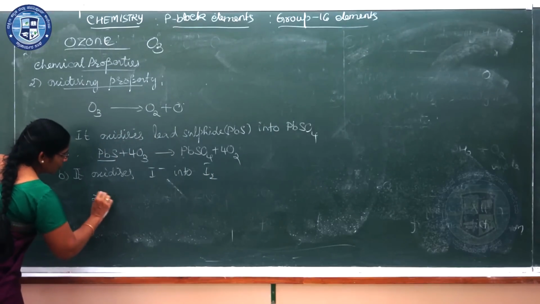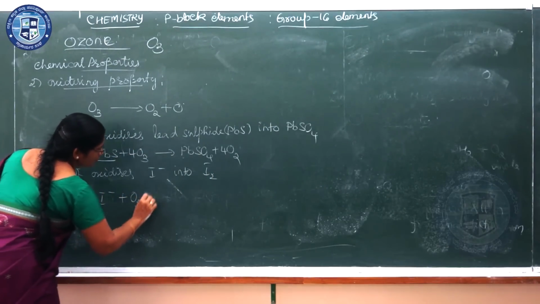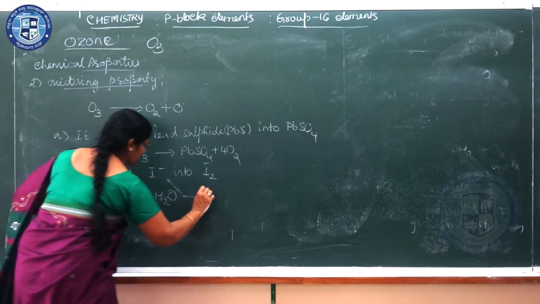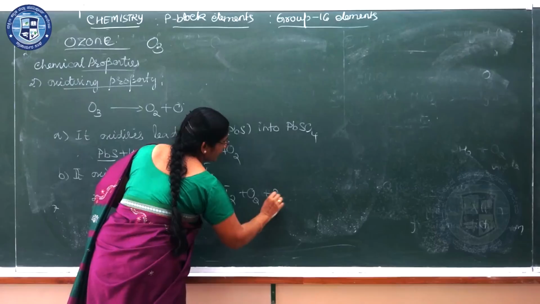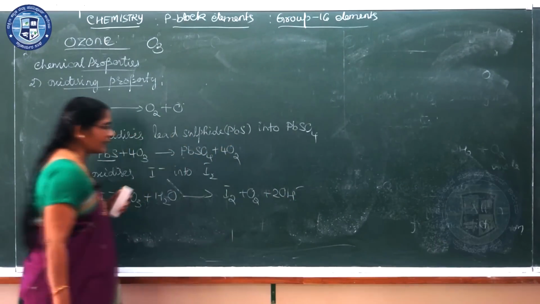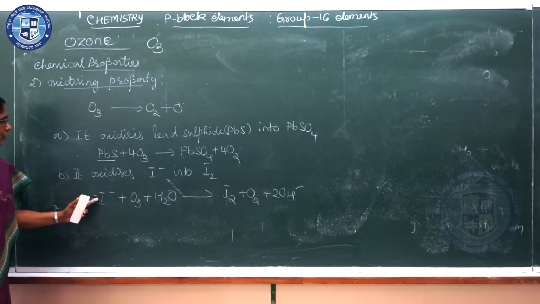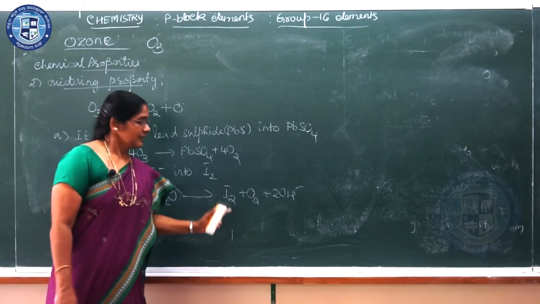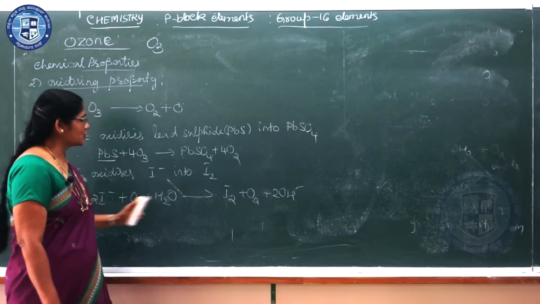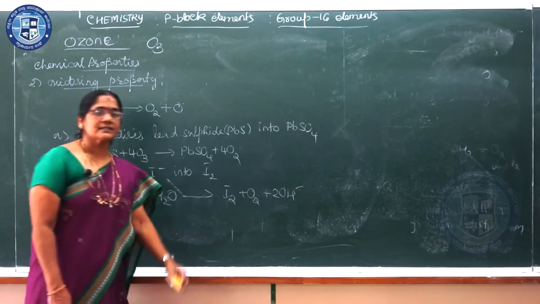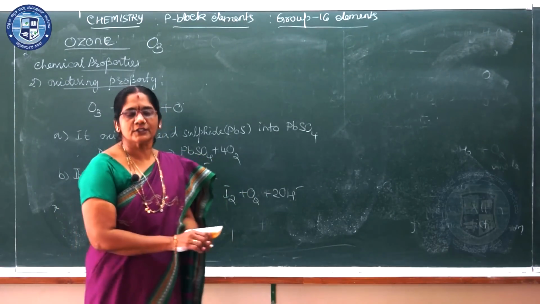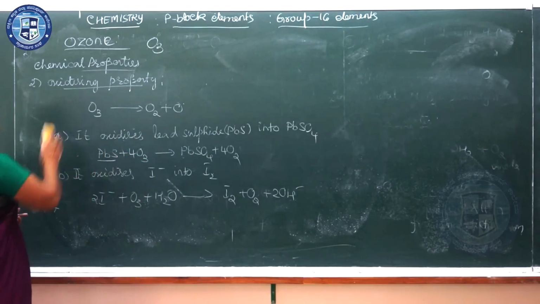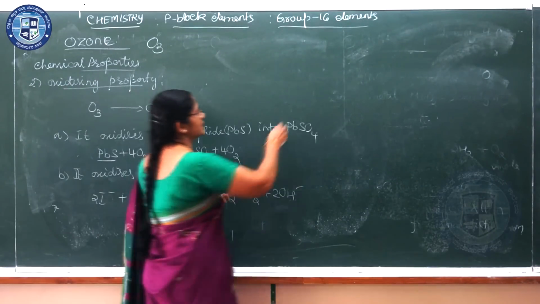So 2I minus plus ozone in the presence of water will give you iodine, oxygen is given out and hydroxide ions are produced. So any iodide when treated with ozone in a solution form gives iodine and oxygen along with the other product. So these 2 are the oxidizing properties you have in your syllabus.